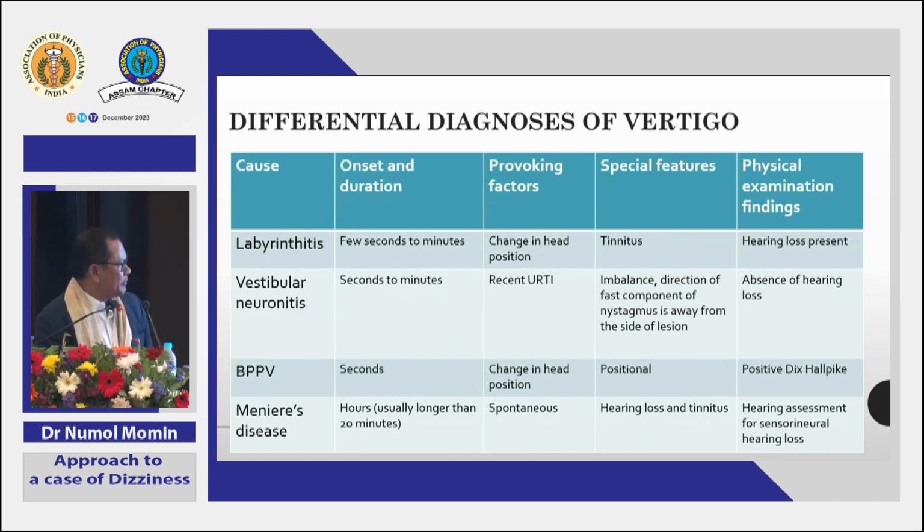And benign paroxysmal positional vertigo, it comes second. Change in head position is the provoking factor, and positional also. You change the position, you may get this vertigo. Then the Dix-Hallpike test is positive.